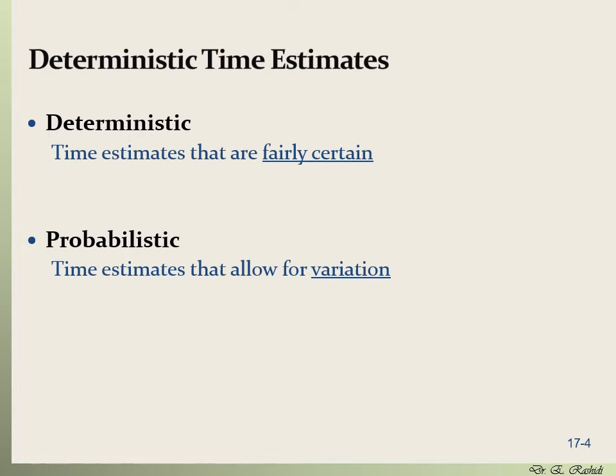On the other hand, if we are not really certain about our time estimation, if there is uncertainty and variation in our estimation, then that's a probabilistic time estimation. Here we're going to see examples of network diagrams and finding the critical path and the length of the project using time estimations that are deterministic.